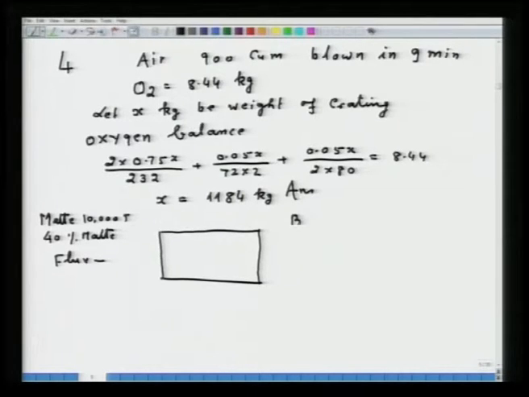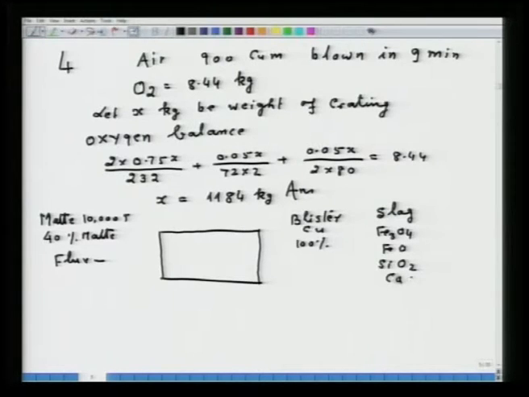It is said that blister copper is produced, which is 100% copper, and the slag composition is given, and it contains Fe3O4, FeO, SiO2, CaO. All the compositions are given. So, we have to find out the weight of slag and weight of flux.